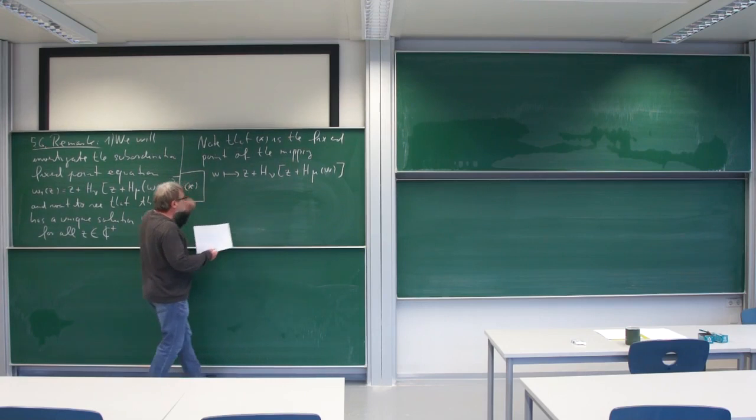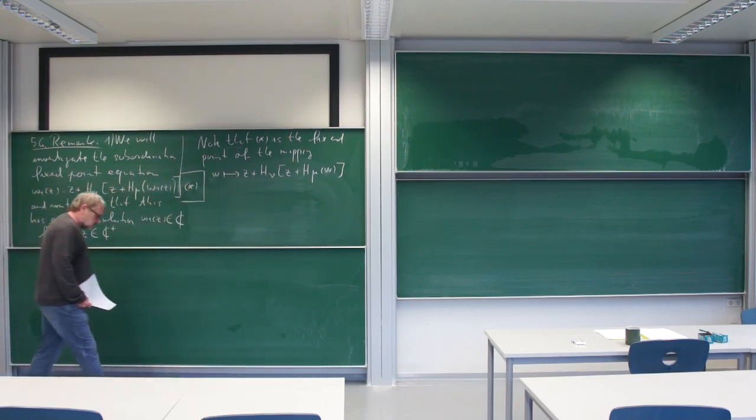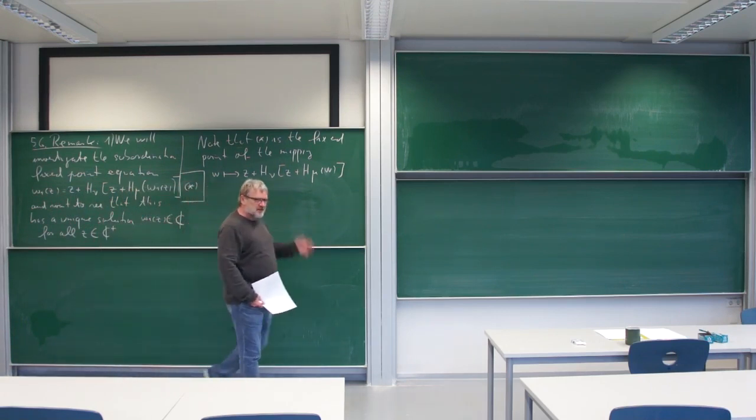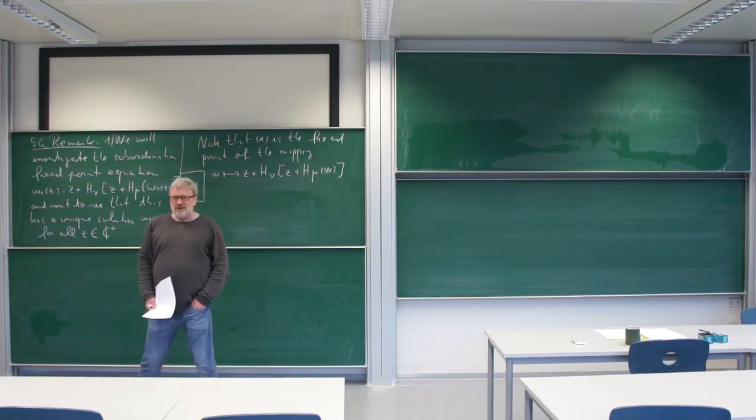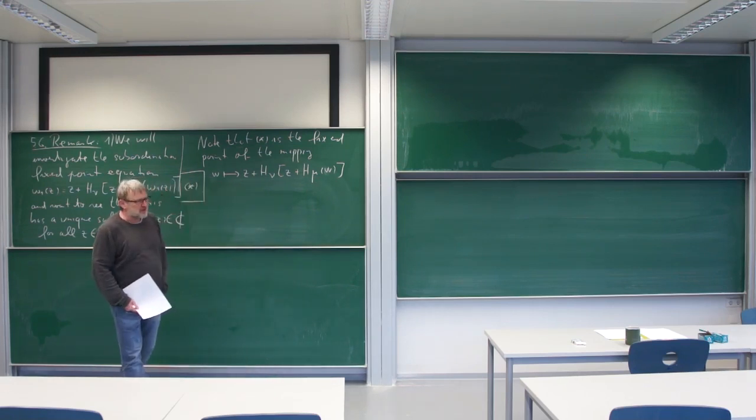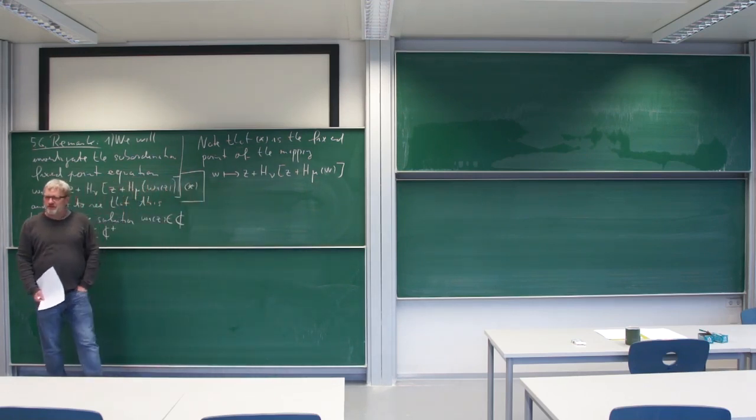Okay, so we want a fixed point of a mapping, and what is the most naive idea? If I have a mapping and I want a fixed point, I'm just iterating it. This is the basic idea of the Banach fixed point theorem.